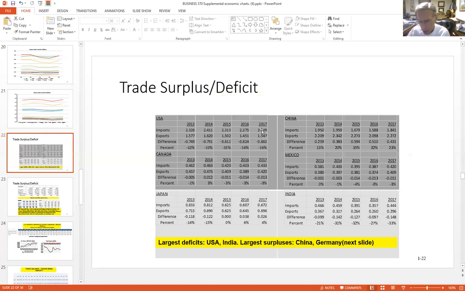US imports almost 2.5 trillion, exports about 1.5 trillion, for a difference of almost a trillion, 900 billion. Here in India we're only talking about 400 and 300. Nevertheless, India has a problem. This poses real problems for India's currency, its banking, its balance of payments.